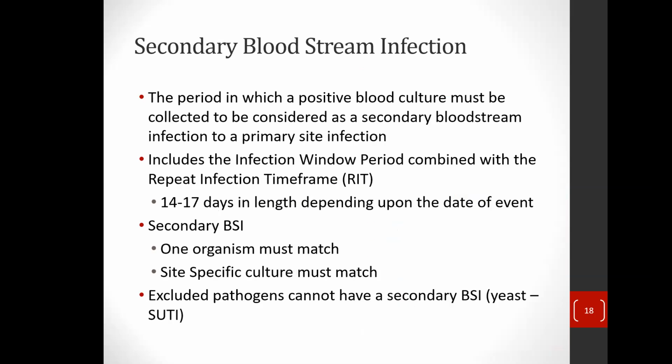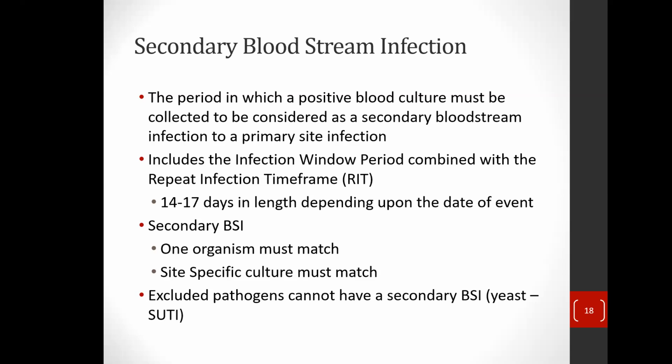Secondary bloodstream infection is the last key definition, and we aren't going to talk too much about those today, but that's when you get a positive blood culture that they believe is secondary to that urinary tract infection, that urinary tract infection actually seeded the bloodstream and was the causative agent.